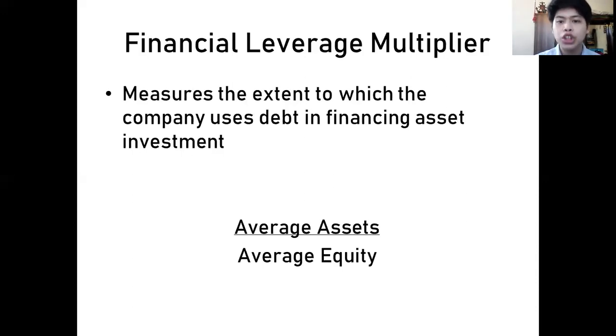Lahat shareholders' equity. So, ano yung ibig sabihin nito? Kung mas mataas yung financial leverage multiplier, it means na mas malaki yung liabilities natin, or in proportion, mas malaki yung liabilities natin in comparison with shareholders' equity.